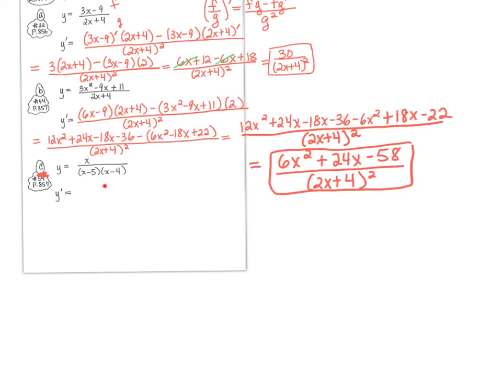You're avoiding the product rule. That's fine. You can go ahead and rewrite it as x over what? X squared minus 9x plus 20, good. And then you can apply the quotient rule.